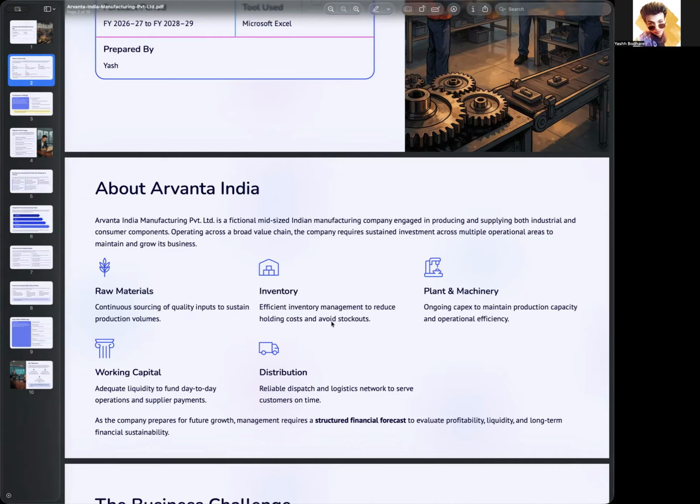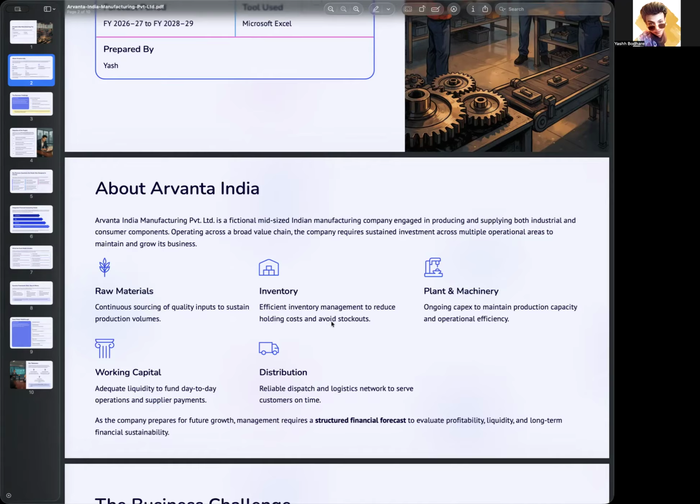Now, each of these areas has a direct financial impact. For example, purchasing more raw materials affects inventory and supplier payments. Investing in machinery affects cash flow, fixed assets, and depreciation. Similarly, higher sales may improve profitability, but they can also increase working capital requirements.